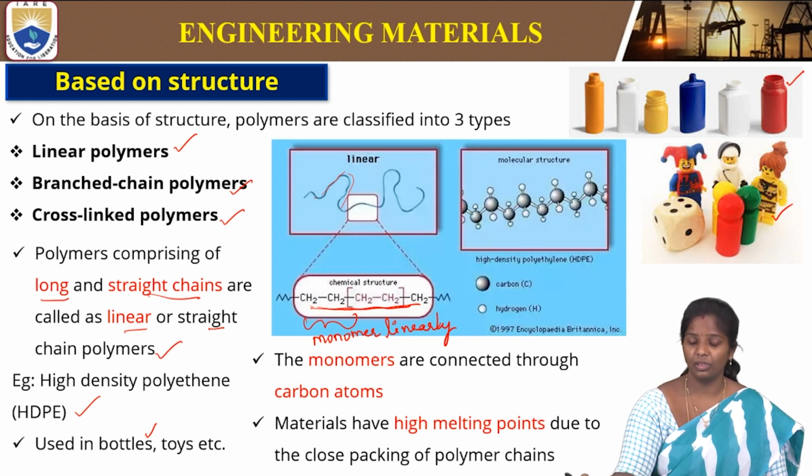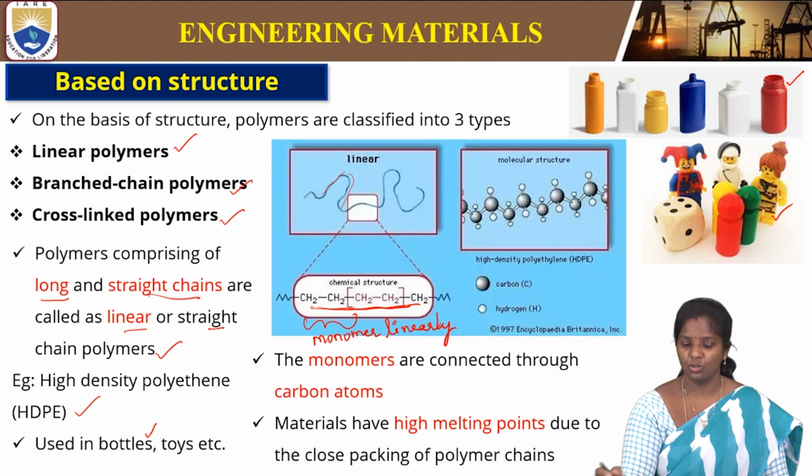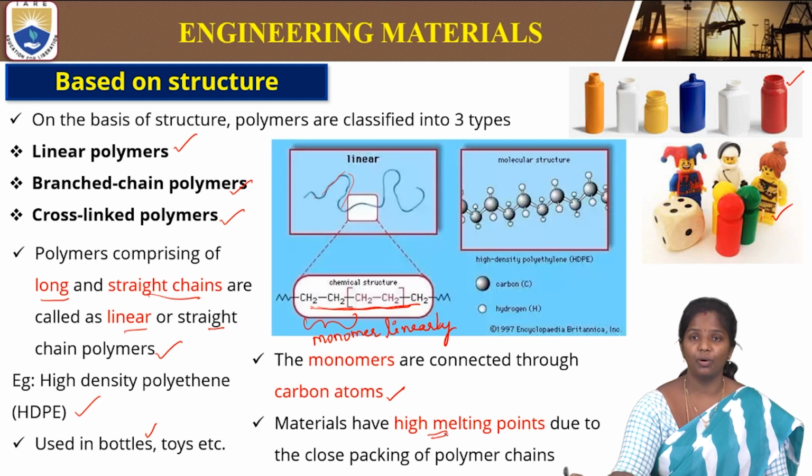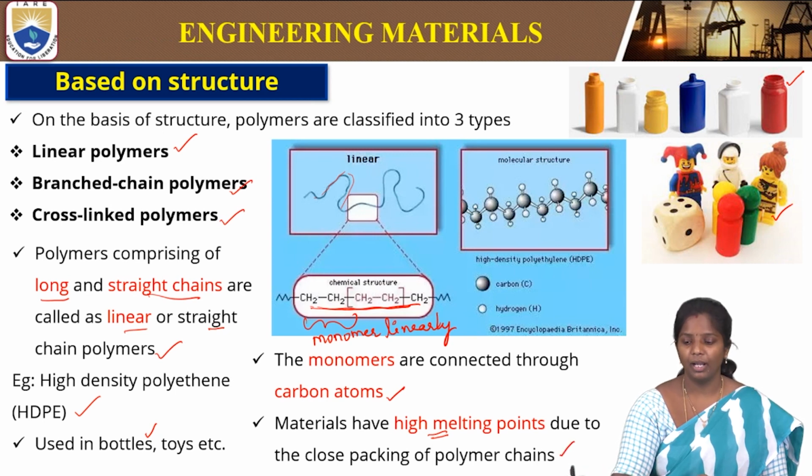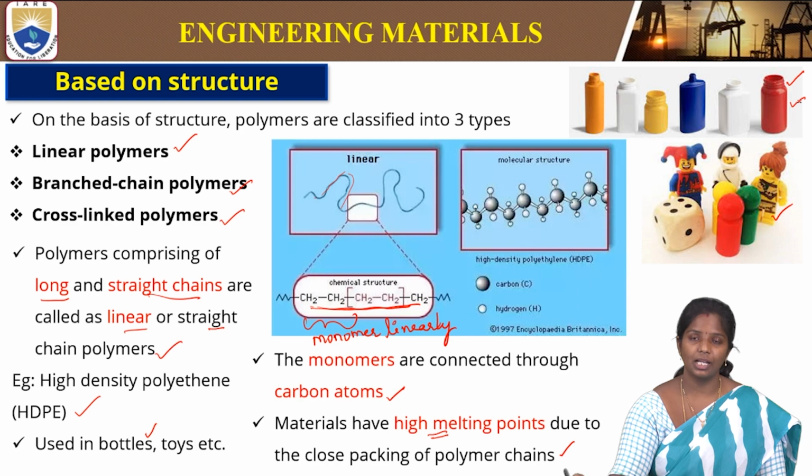They are connected with the backbone carbon, so carbon atoms are used in the connections. They are closely packed and therefore have high melting points, because it requires high energy to break that bond. Therefore, high melting points are present for these materials, so they are used in good applications like bottles, water bottles, and toys.